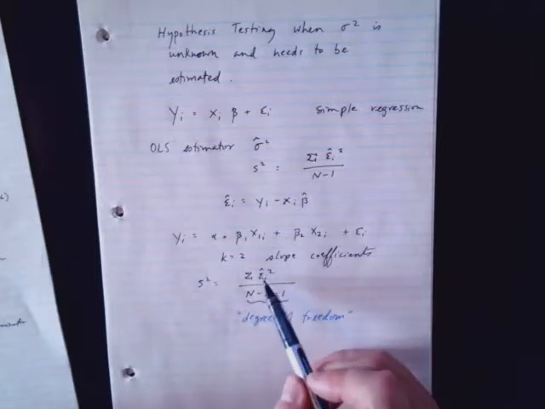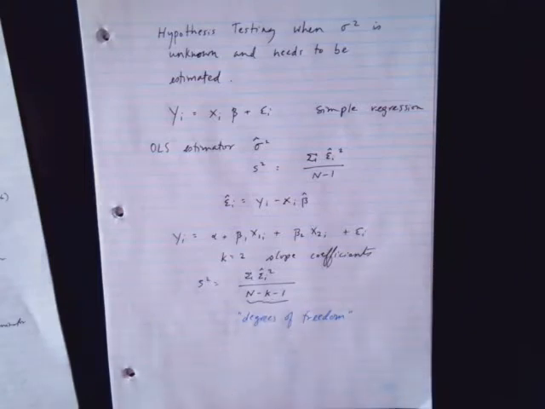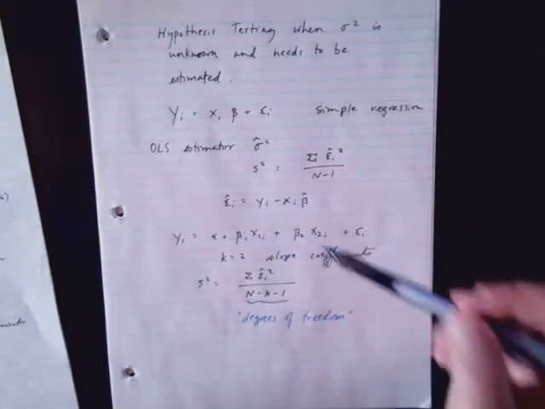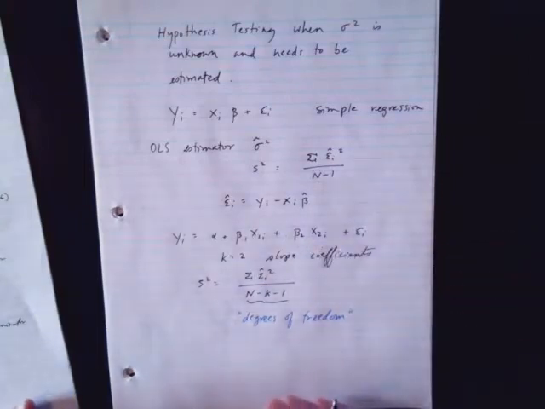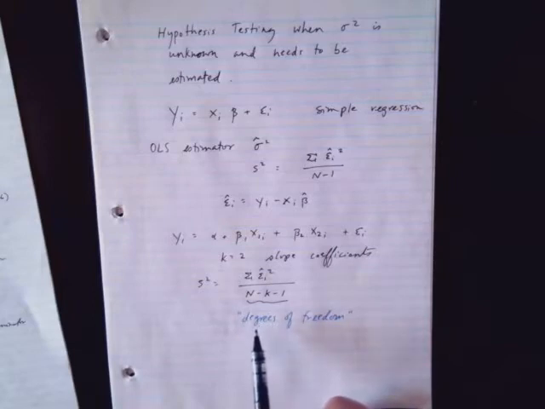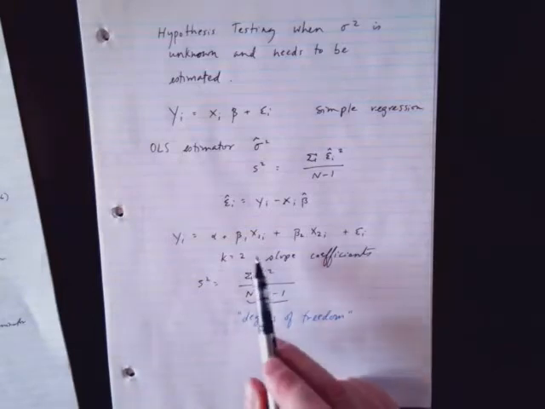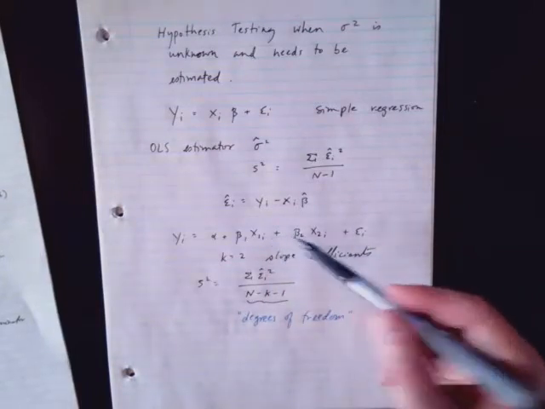So given the fact that you don't have the error terms themselves, you have to use residuals from the regression, and in order to get those, you estimated these coefficients, and every time you estimate a coefficient, you are restricting the number of independent residual terms that you could estimate. Whether you follow that or not doesn't really matter. The point is, when you see the term degrees of freedom, it means the sample size minus the number of estimated regression coefficients. So in that case, it's n minus 3 for that regression there.